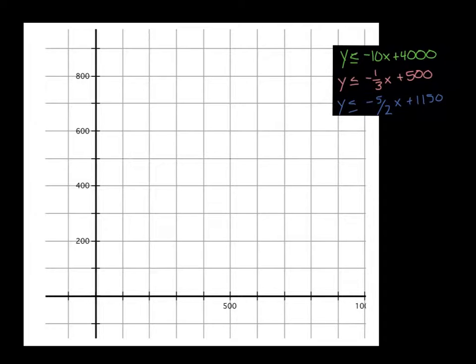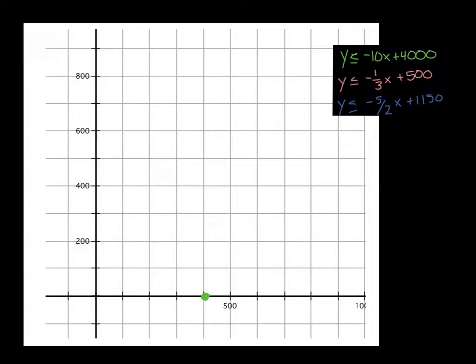So what I decided to do is, instead of finding my y-intercept, I decided to find my x-intercept. So if I plug in 0 for y and solve for x, I would subtract the 4,000 over and then divide 4,000 by 10. And you get 400. So that is our x-intercept. So 100, 200, 300, 400.